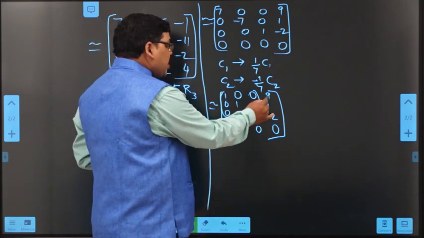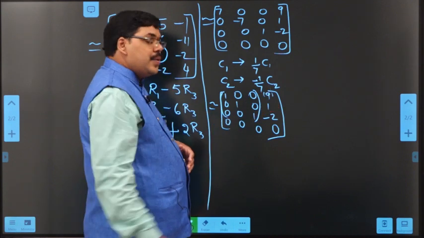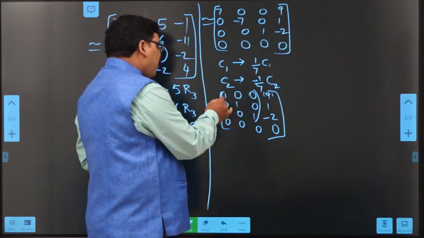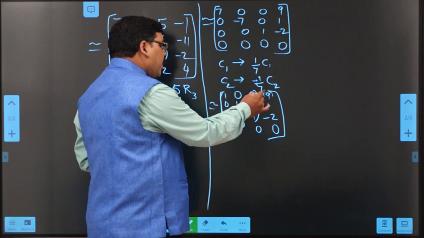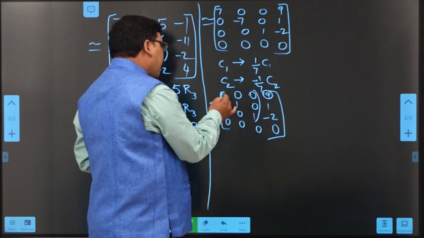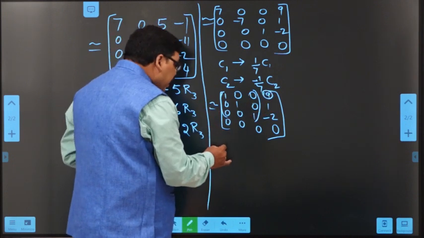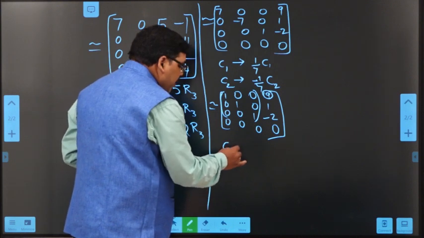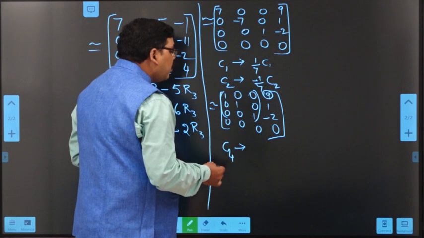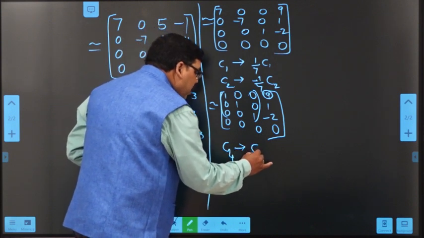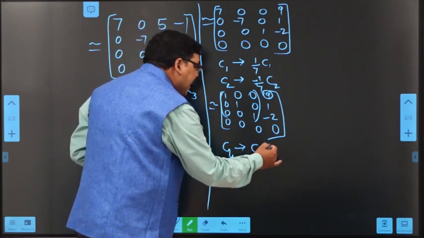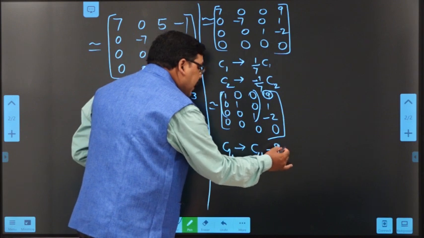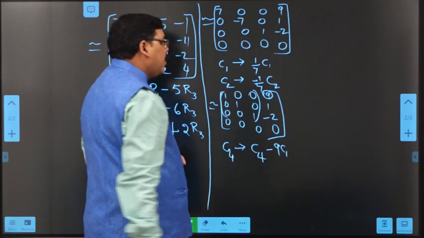So, 9 is in the first position. So, use the first principal diagonal element 1. So, the column operation will be C4, 9 is in fourth column.